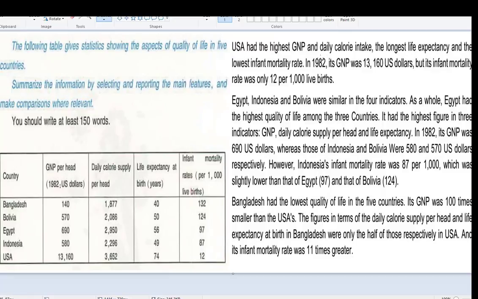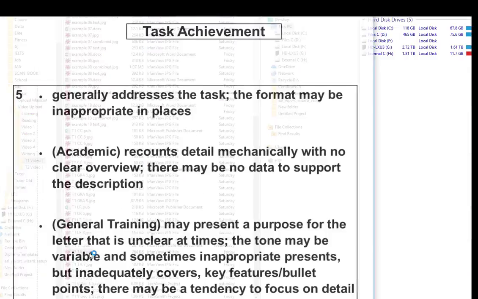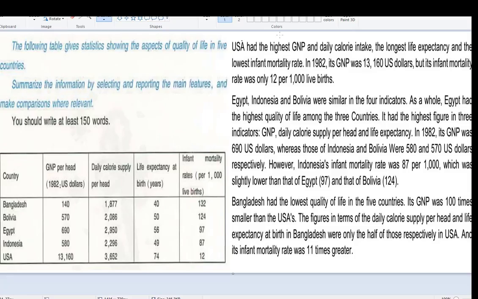There's no overview. The writer didn't include an overview, so automatically for task achievement, you're limited to a 5. It doesn't matter how good the rest of the writing is, you can only get a 5 for that. Okay, so let's see if they cover the main features at least.